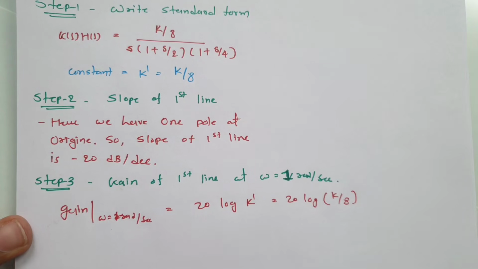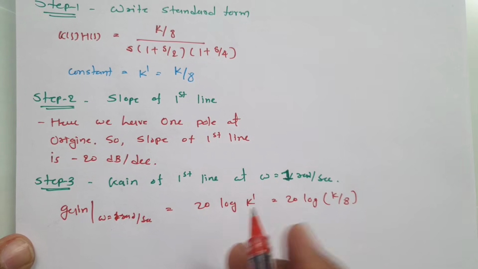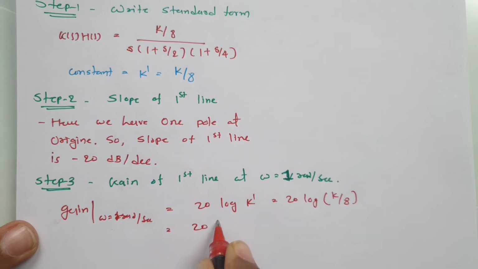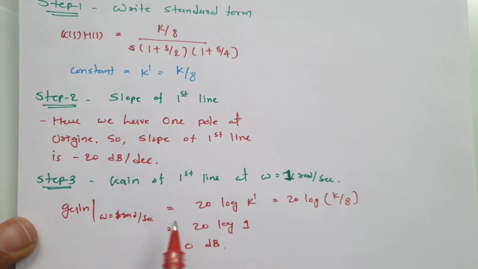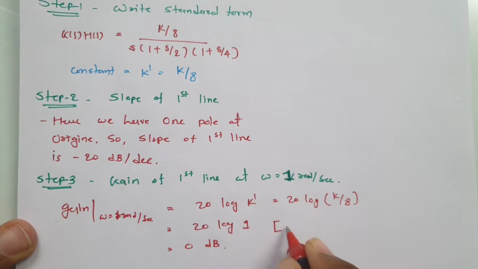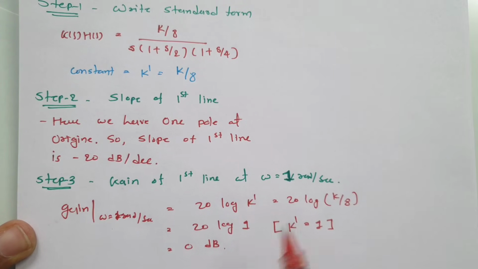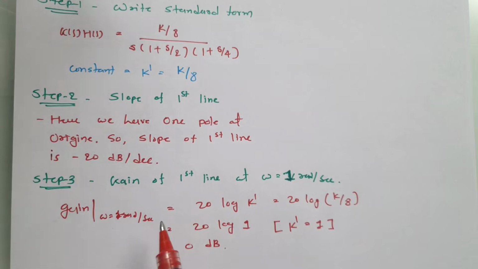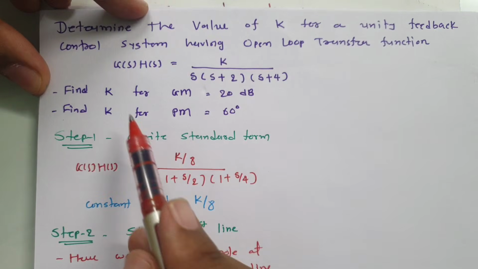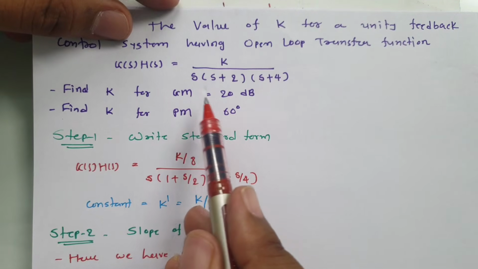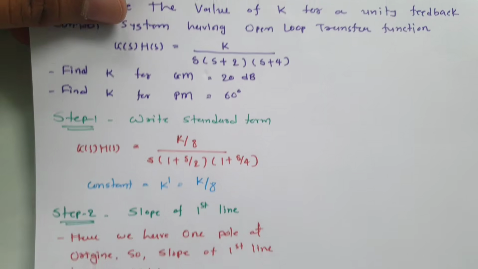Now if I consider K dash equal to 1, then 20 log of 1 is 0. So the gain of the first line is 0 dB, as we have considered K dash equal to 1. By considering K dash equal to 1, first we will be plotting the Bode plot, and after that, based on the Bode plot, we will see how to identify the value of K for this gain margin and this phase margin, right?